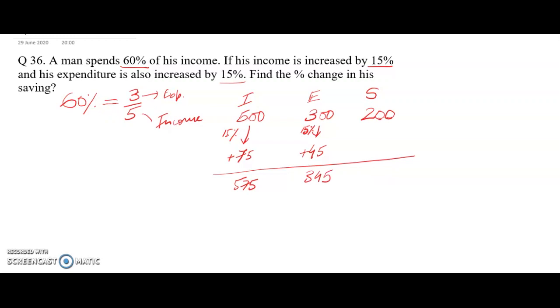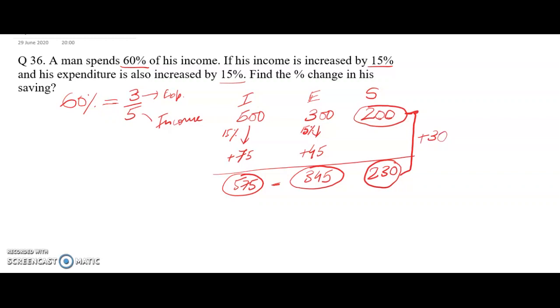Now earlier saving was 200. If we subtract expenditure from income, 575 minus 345, we will get 230. Now this is the new saving. The old saving was 200. So the saving has been increased by plus 30.